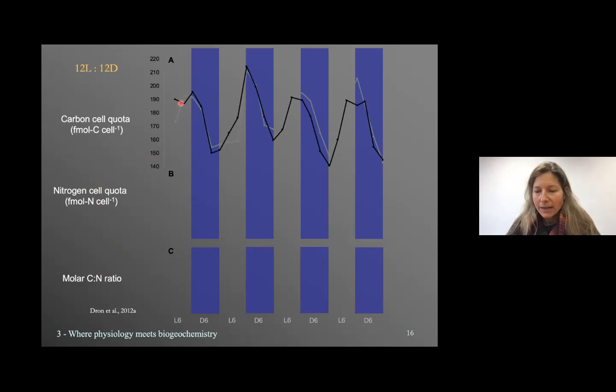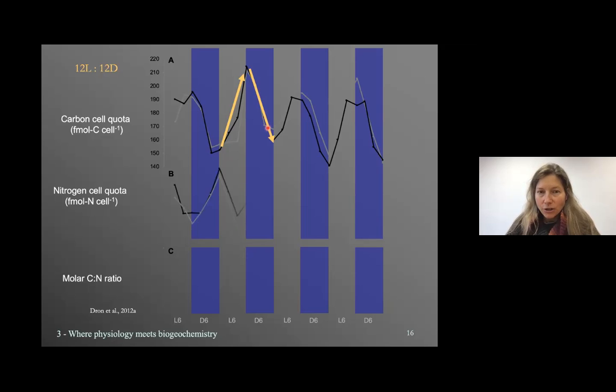So we can clearly see that there is a carbon buildup during the light phase, and then a decrease of the carbon content at night, which is logical regarding the fact that the organism needs to burn and respire carbon reserves to perform nitrogen fixation.